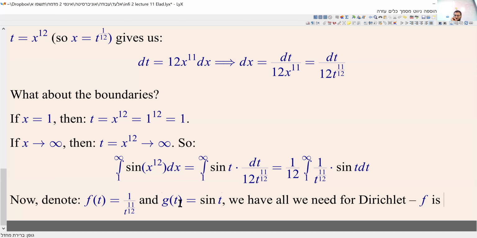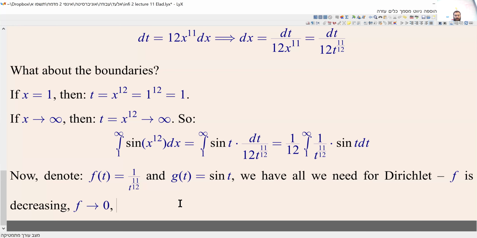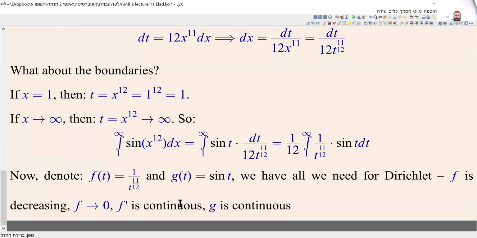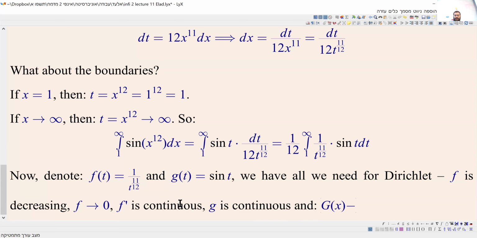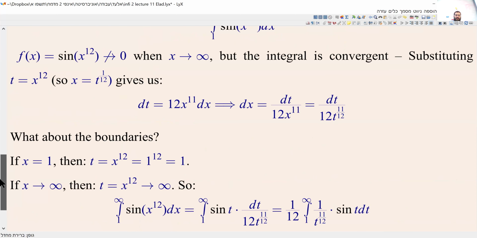F is decreasing, F goes to 0, F' is continuous, G is continuous, and the integral of G is bounded because it's cosine, as we've already seen on Sunday. So the integral, as promised, is convergent.